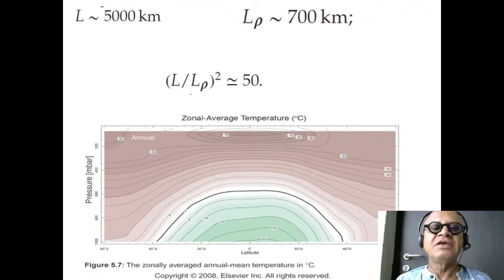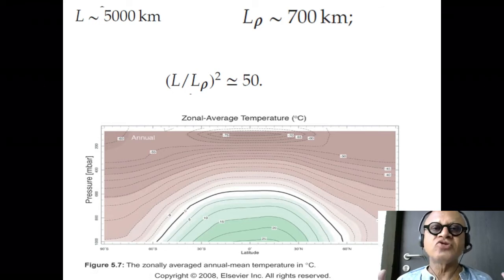That means the amount of potential energy locked up in these distributions of temperature and density is about 50 times the kinetic energy.